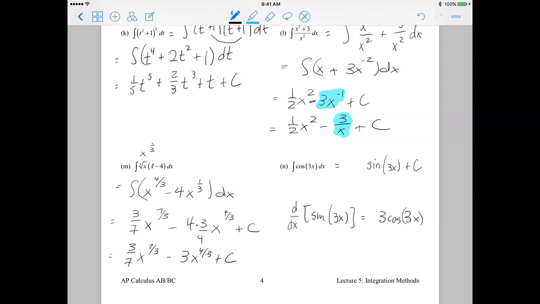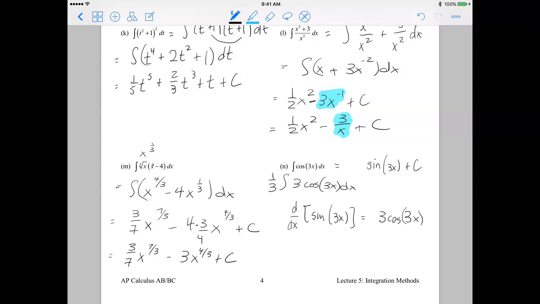It's not there. So what we're going to do is kind of just put it in there, like this. So I'm just rewriting the original problem, the integral of 3 cosine 3x. But in order to do that, I've got to make sure I don't change the problem. So if I multiply by 3, I've got to also divide by 3 or multiply by 1/3.